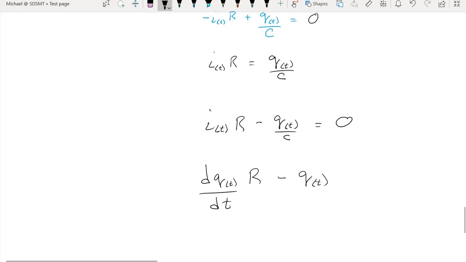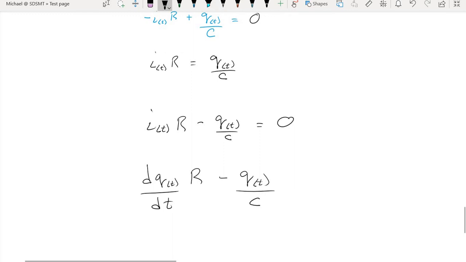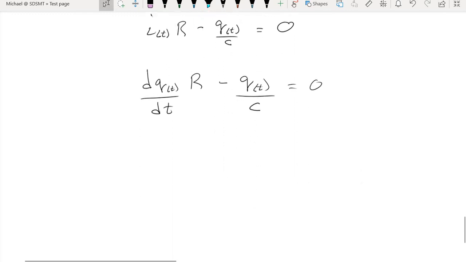Once we combine that with the charge of the capacitor, we've produced another differential equation. And this differential equation will also need to be solved.